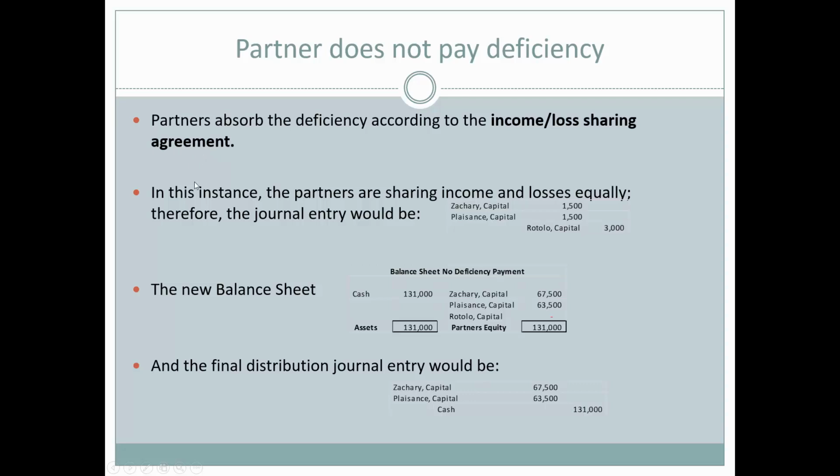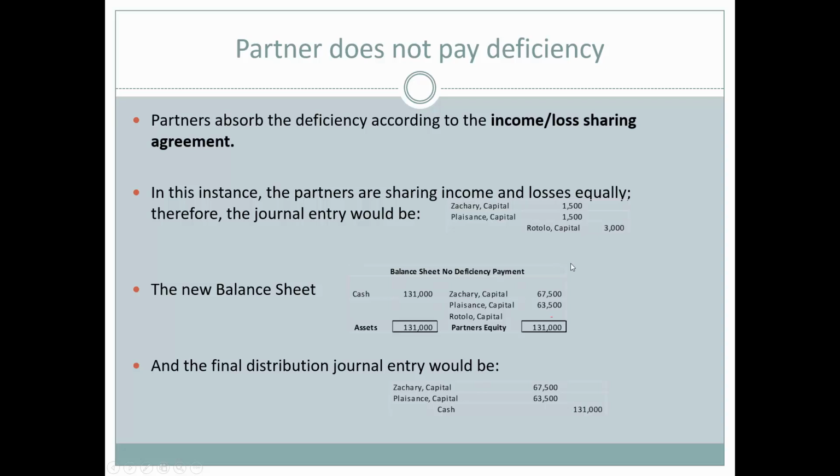Now it's a half for each. So in this instance, the partners are sharing income and losses equally. Therefore, the journal entry would be Zachary's capital is going to be debited for $1,500, which is 1/2 of the 3,000. Plaisance will get $1,500 as a debit against his capital balance. Again, his 1/2 of the deficiency of Rotolo.